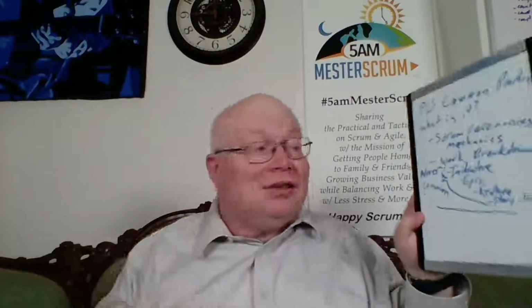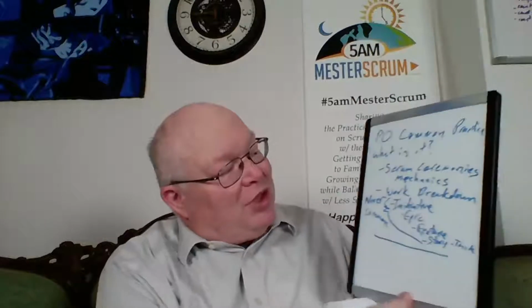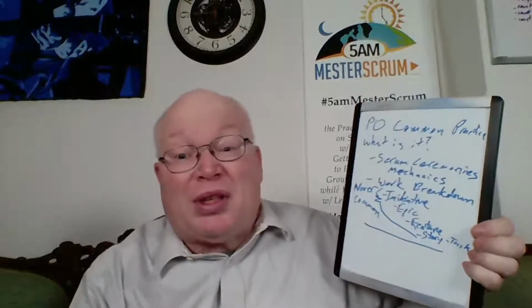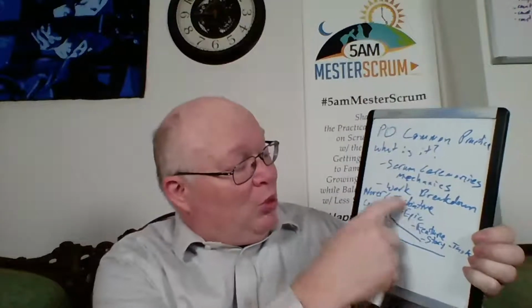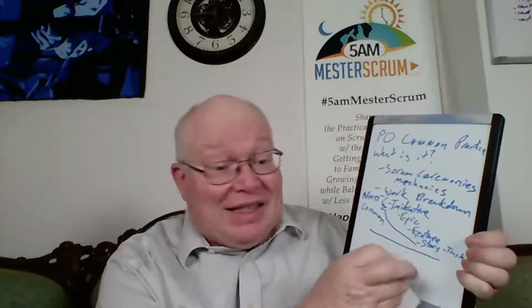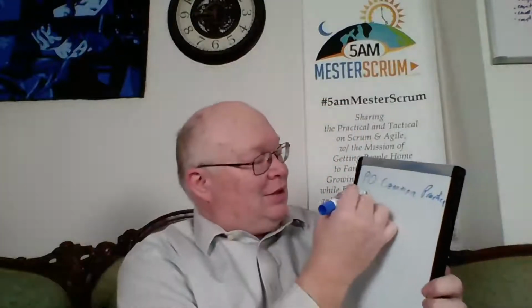Did you get all that? So what it is: the Scrum ceremonies and mechanics, maybe breakdown structures, but what's in the breakdown of the work is not common practice. So let's get that straight. Okay. So that's what it is. And then we're going to do what it's not.